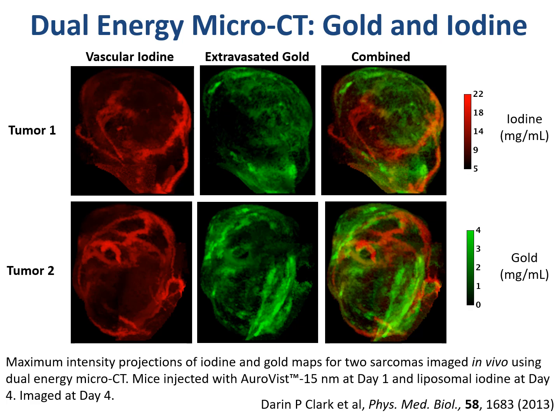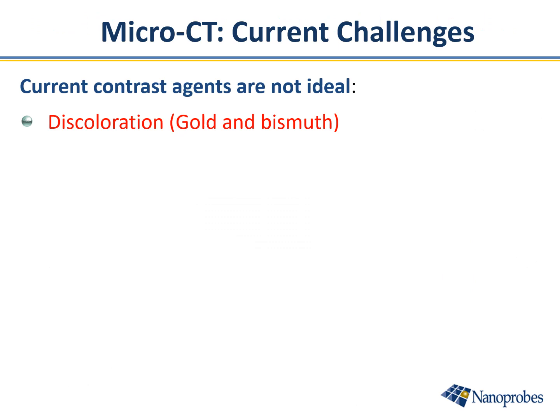And those 2 images, the iodine imaging of the blood vessels in red, and the gold nanoparticle imaging of the tumor in green, have been overlaid on the right to show the relation between the blood vessels and the tumor. And thanks to Clark et al. at Duke University for these images.